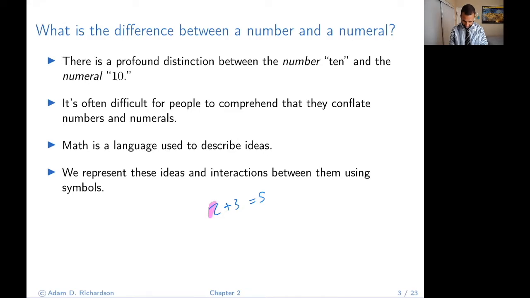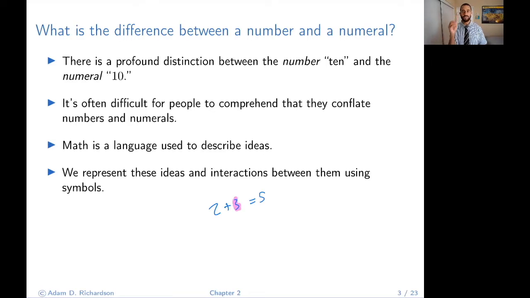This symbol right here is just the symbol I'm using to represent the concept of the number 2. So you can think about 2 of these, or for example 2 linking cubes. Oop, dropped half of them. 2 linking cubes, for example. When I write this symbol down right here, that's what I mean by that symbol, the concept of 2. The same thing for this other symbol here, the symbol for 3.